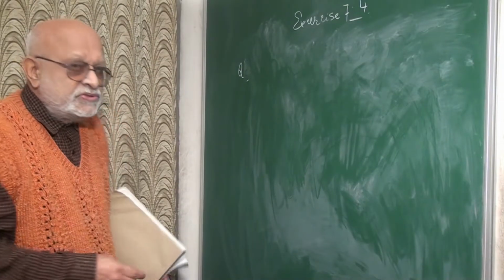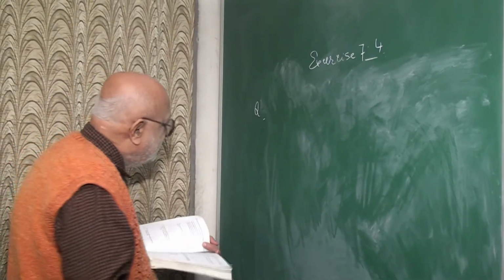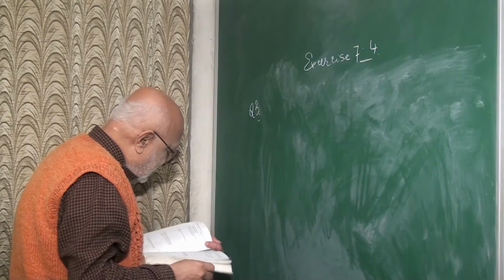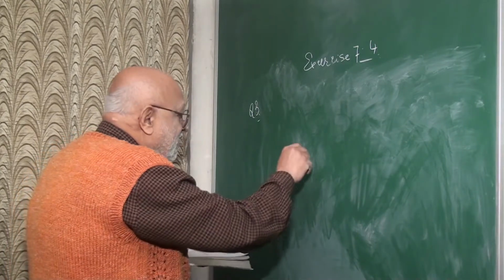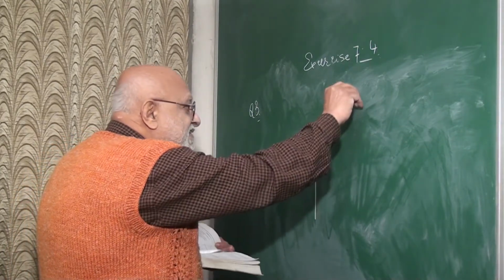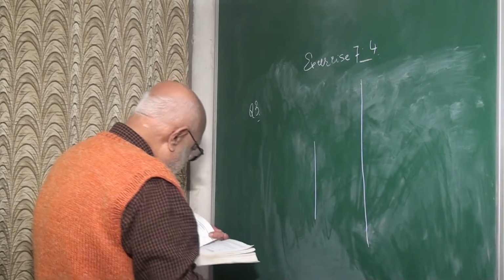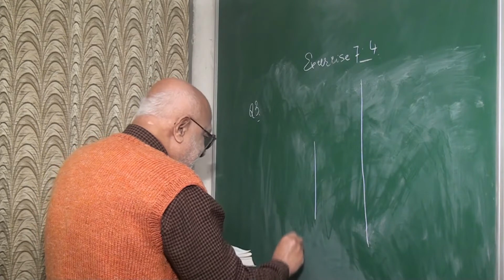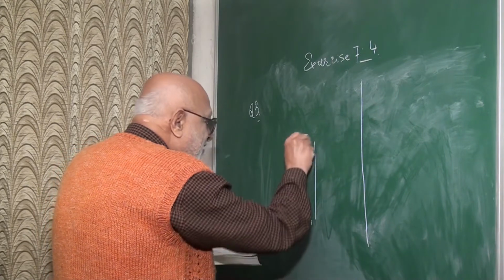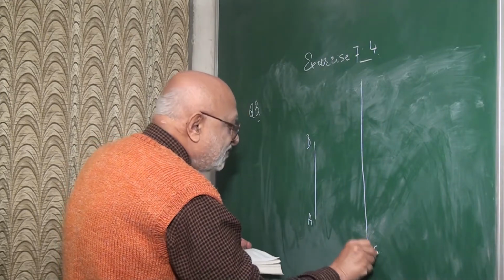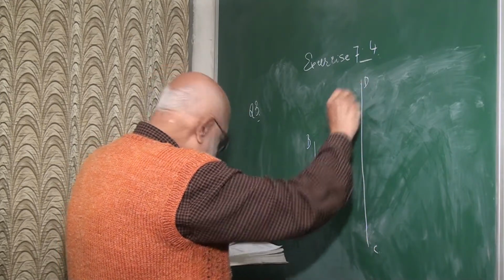We're now going to start on question number 3, and this is a figure. Again, it's AB, and this is another line. Okay, now they are joined together. So A starts from the bottom and B, and similarly here C starts from this and this goes here.